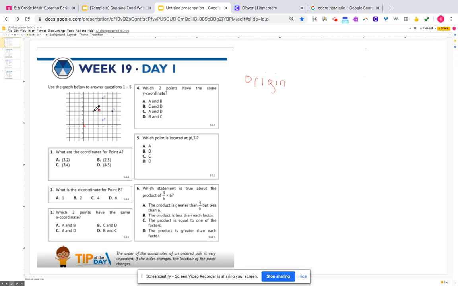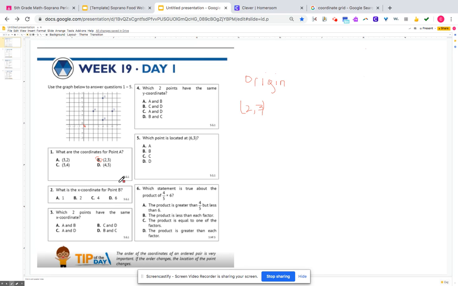So we're looking for point A. We're going to go over 2 units to the right. And then we're going to go up our y-axis 3 units for our y coordinate. So A is located at 2, 3. So the correct answer is B. Point A is at 2, 3.